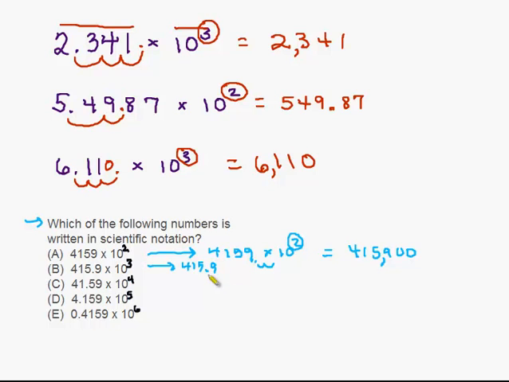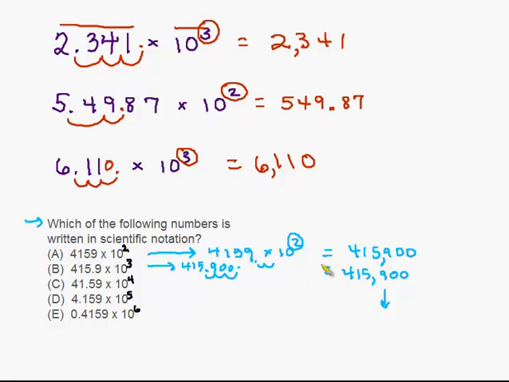You move the decimal point 3 places. 1, 2, 3. Again, 2 zeros to fill in, decimal point at the end. You get the same thing. And so this is the same for all of them. If you go on through, you'll get 415,900.